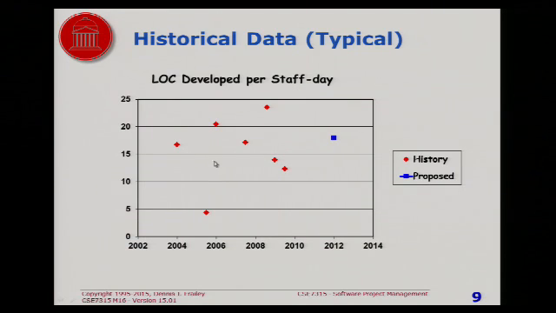But if you look at it, you sort of see there's a slight upward trend, which presumably means your organization is getting better or more experienced or something, or better tools or something. And if you average them all out and follow the trend, you say this is about, on average, where I would expect the next project to be. But it could be way up here, it could be way down here. When you use historical data, particularly if you don't have a whole lot of data, there's a lot of uncertainty in your number.